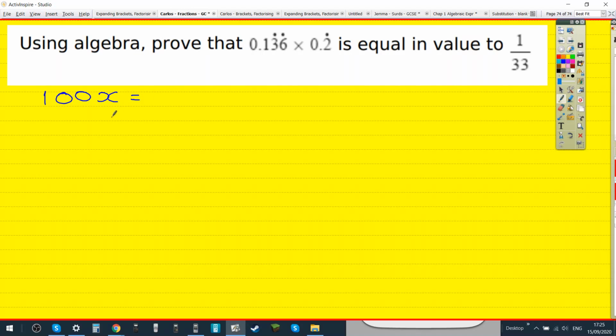So it would become 13.6, and it'd be easier: 13.63636. And x is 0.13636.